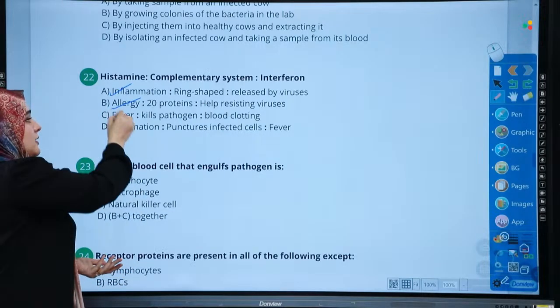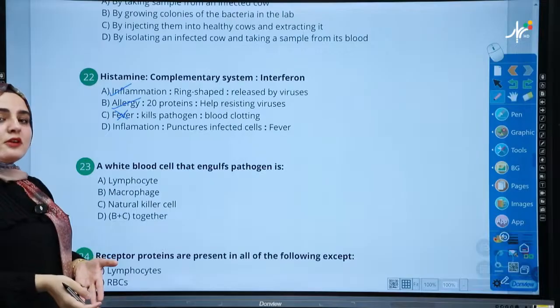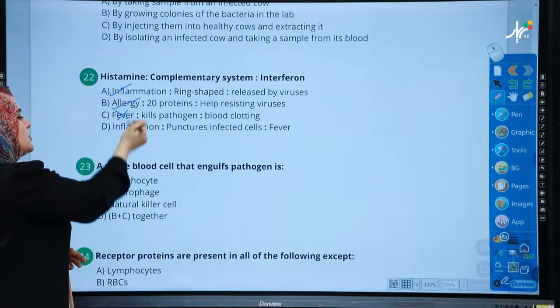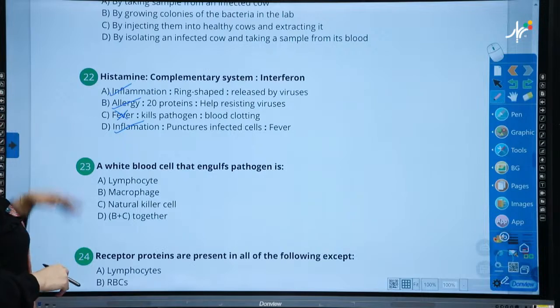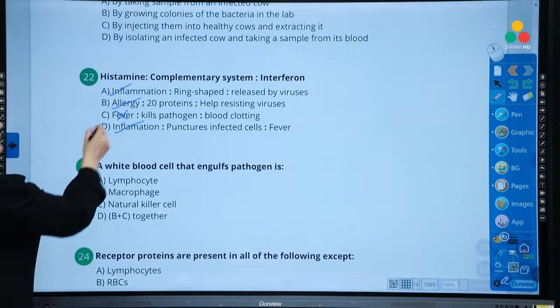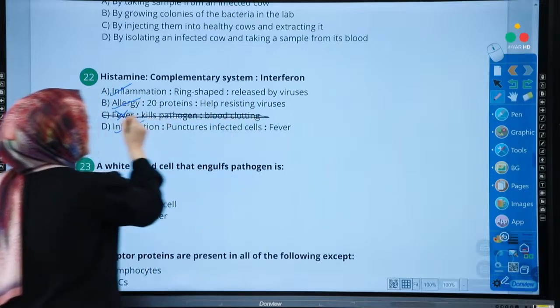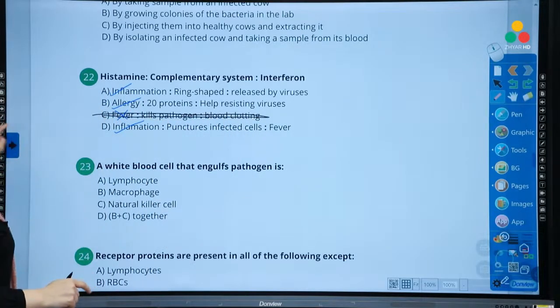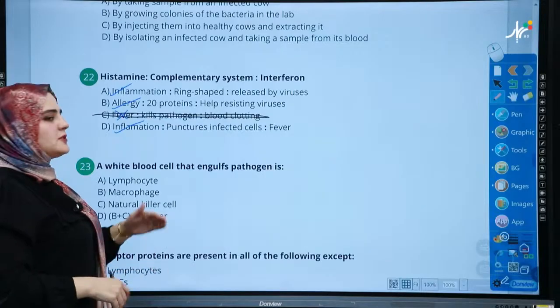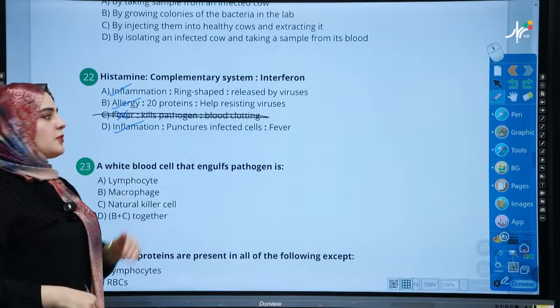No, it's interleukin, or sometimes the pathogen causes that to happen, or the macrophage. Is it part of inflammation? We already said it, so this is right. So for histamine, we excluded C as an answer. We don't want this anymore. Since one of them is wrong, the rest of it is going to go with it. That's elimination. Now we raise our chance to get a right answer.